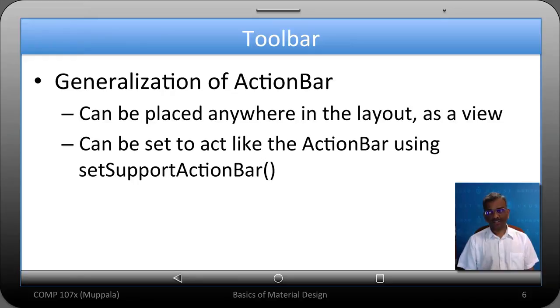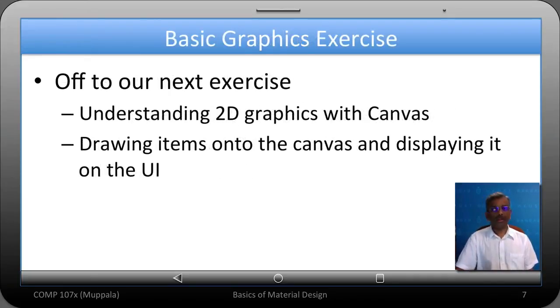Toolbar generalizes this and also allows the use of animations that come with the material design approach. And the Toolbar can be set up to act like the action bar by using the setSupportActionBar method. And this is indeed what we used in our code for declaring the Toolbar to act as an action bar. So with that, we complete the discussion on the chat client colors.